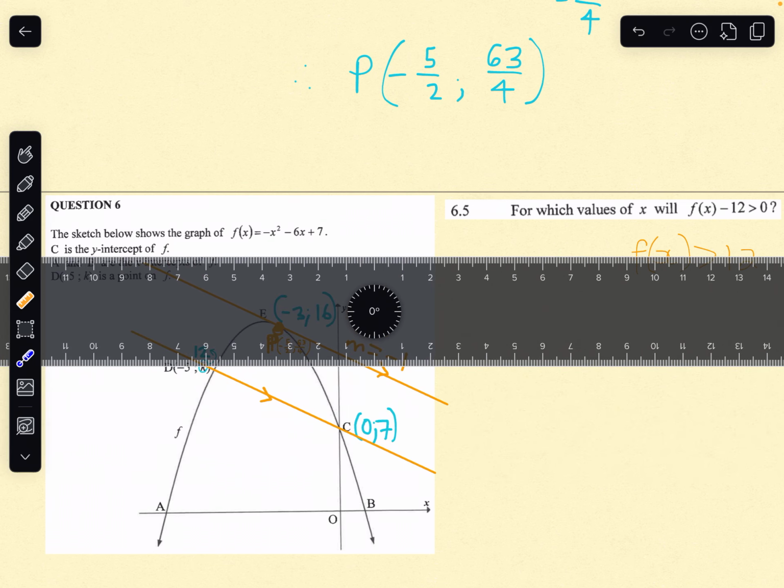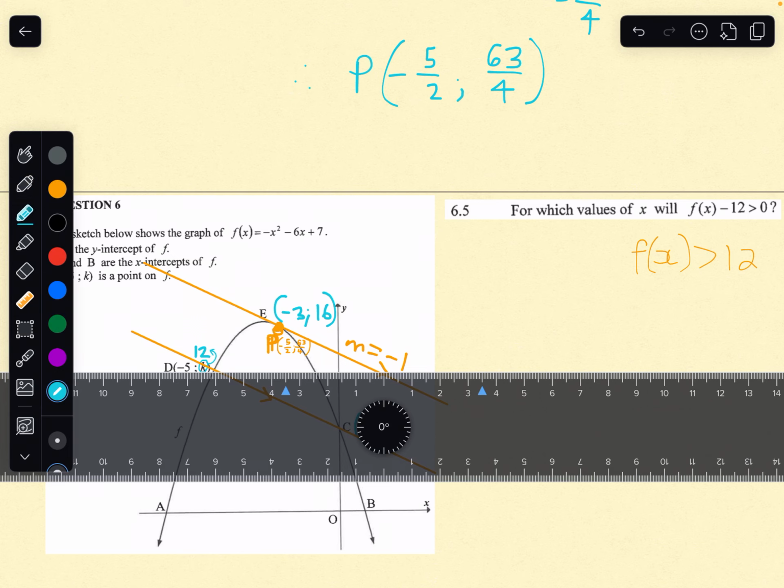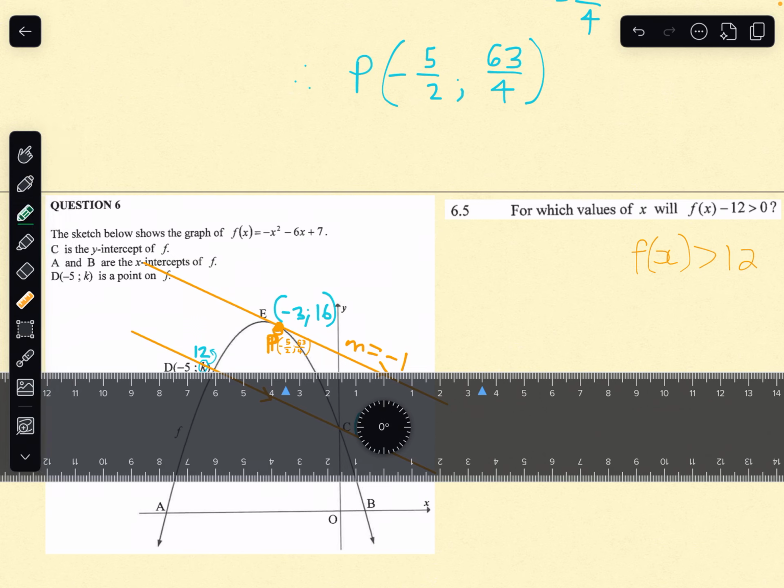Anything below that, we don't care, because now the y values are smaller than 12. So, up to you how you want to think about it. I feel like the second way is, I want to say easier, but it feels easier to me. So that is what I'm going to do.